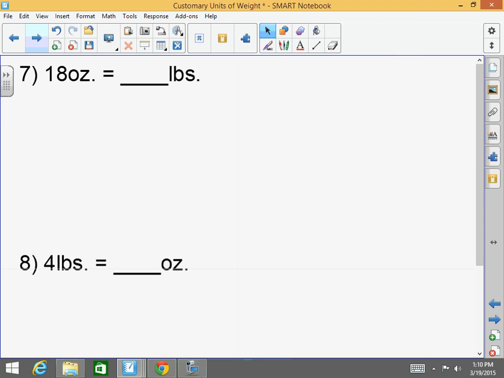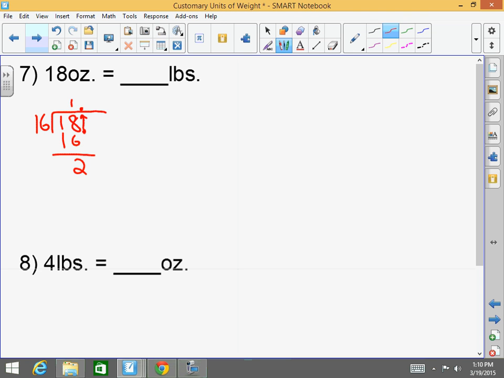All right. 18 ounces equals how many pounds? Am I going from large to small or small to large? So small to large, do I multiply or divide? I divide. So 16 goes into 18 one time with 2 left over. Put up a decimal, drop a 0. 16 goes into 20 one time as well. 4.